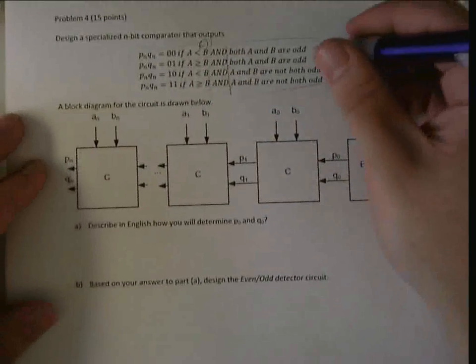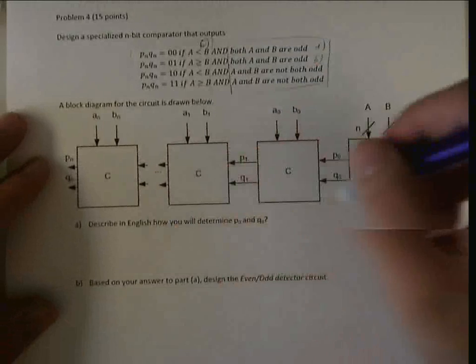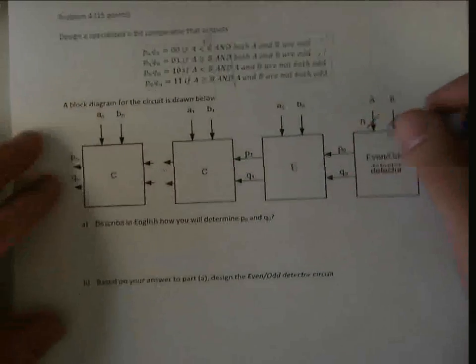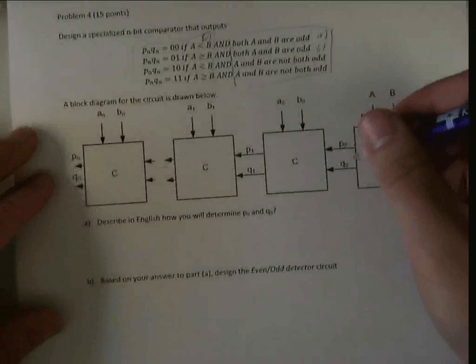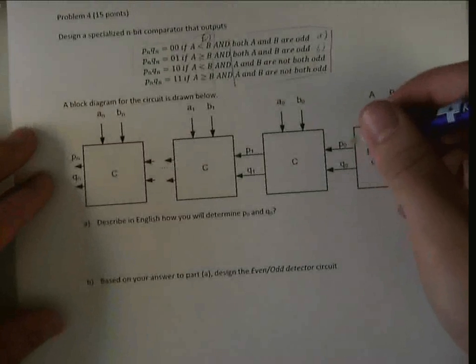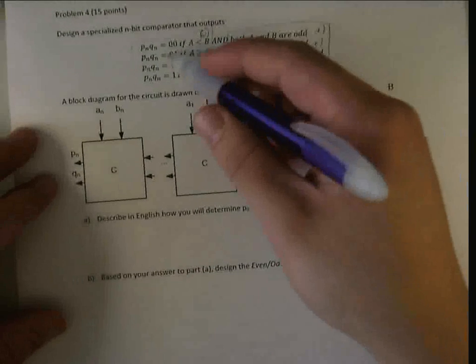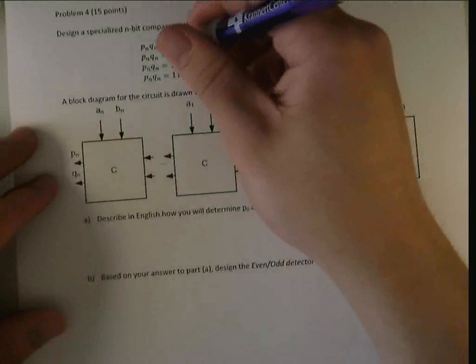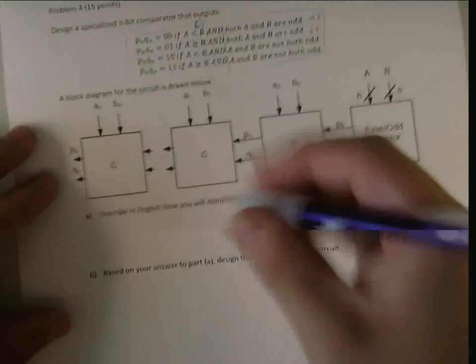Describe in English how you determine P0 and Q0. What I know is I want to start off with the assumption that they are equal. So that's when I have this or this. That's when Q is 1, when they're equal.